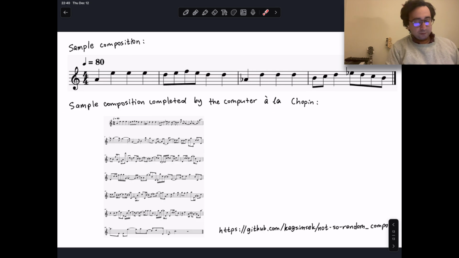Generating one node after another, the computer will arrive at such a score. So this is a sample composition completed by the computer in the style of Chopin.